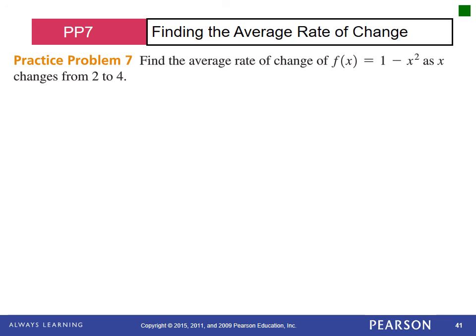All right, how do we do this here? It would be easiest to plug in the value itself. So first, saying it goes from 2 to 4, let me plug in and see what it is at 2.